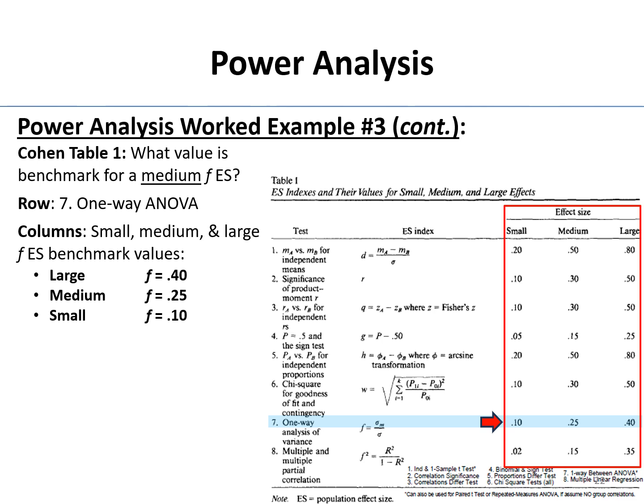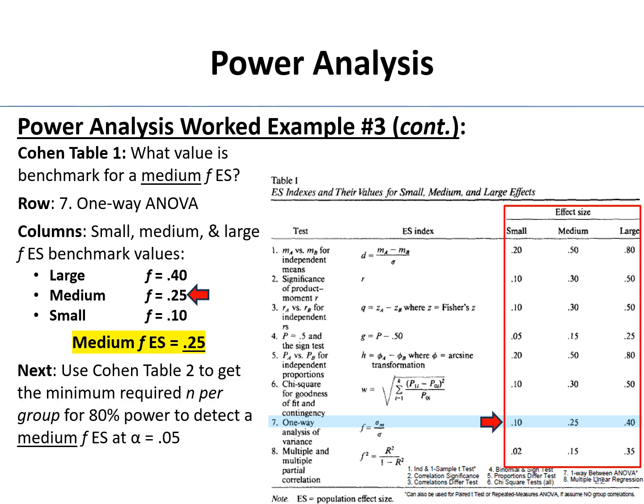You can see that of the 3 values, a medium is 0.25. And so a medium effect size for this dissertation student study is 0.25, which is similar to eta squared. It's approximately 25% of the variability that is accounted for by the ANOVA independent variable.